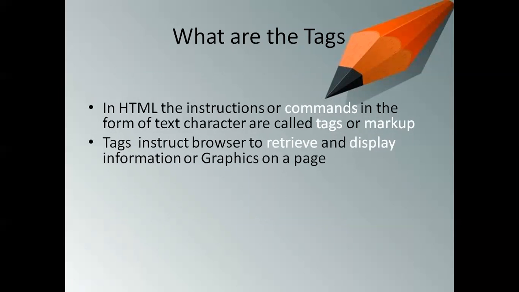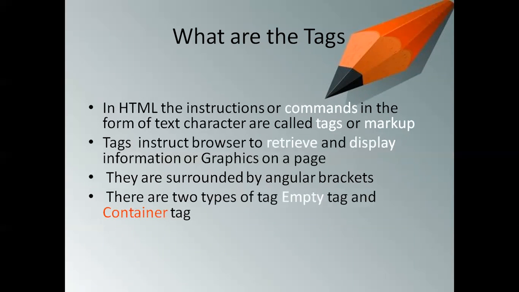Tags instruct the browser to retrieve and display information or graphics on the page. Tags only instruct the browser to display whatever text we type, in the browser, the internet software. They are surrounded by angular brackets. You can recognize a tag with the help of angular brackets. If some text is written in angular brackets, that means it is a tag.